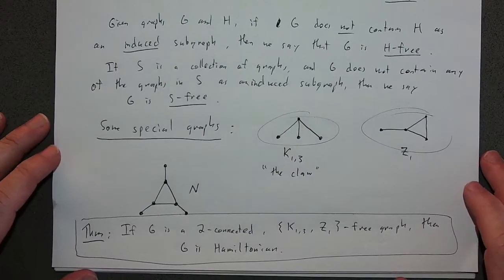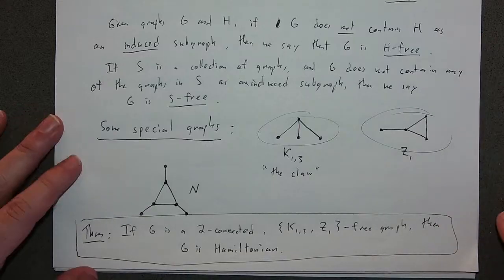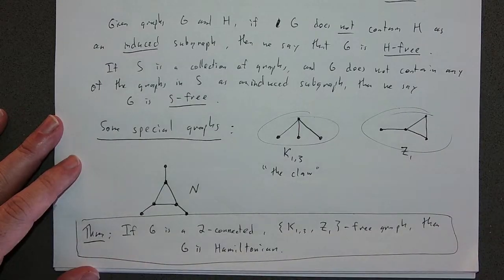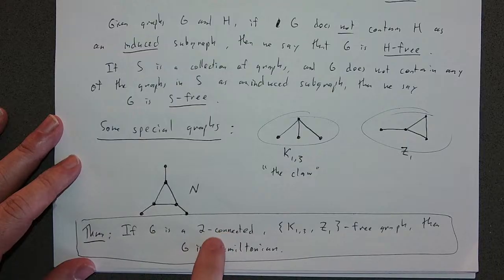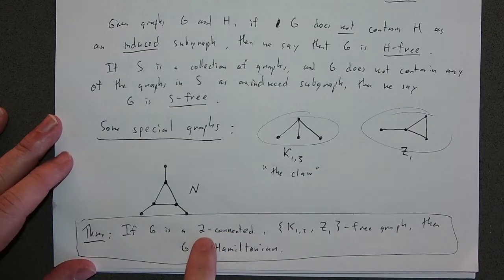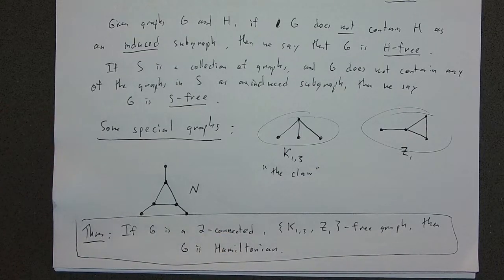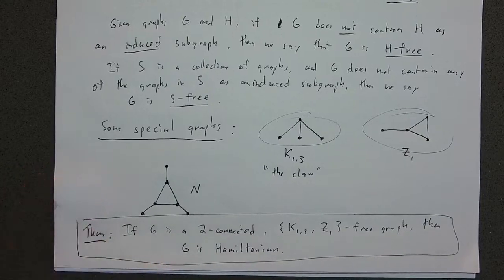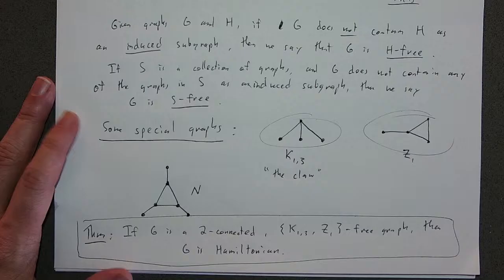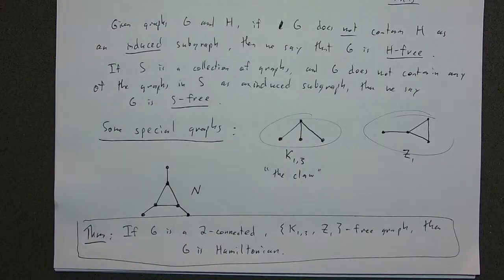The theorem in question was: if G is two connected, and we'll see soon that being two connected is actually required for being Hamiltonian. So this assumption isn't much, or it's everything, depending on how you're looking at it. Since if you want the graph to be Hamiltonian, two connected is not an option.